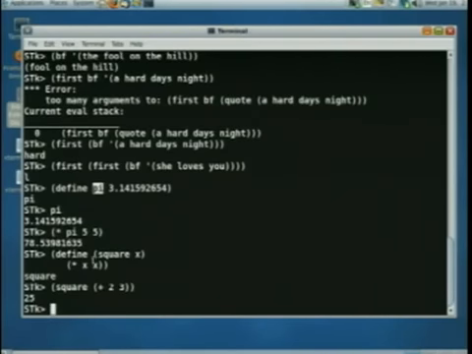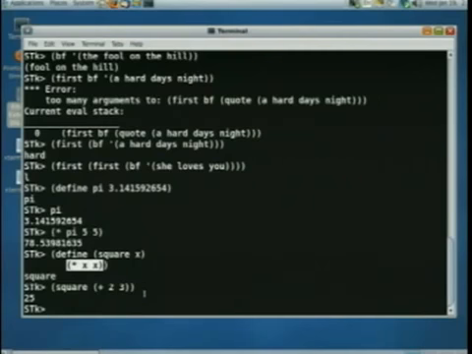And the same here. Square x, well, if I haven't defined square yet, this doesn't mean anything. And this, although it looks as if it means something, it actually doesn't until we substitute some value for these x's.